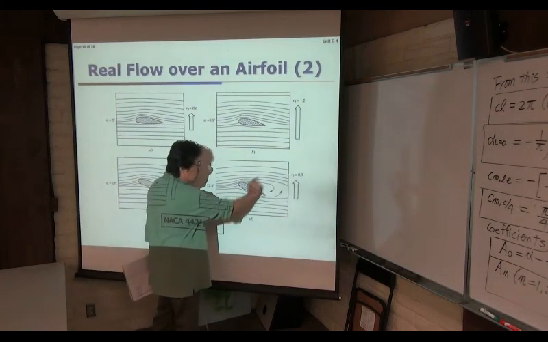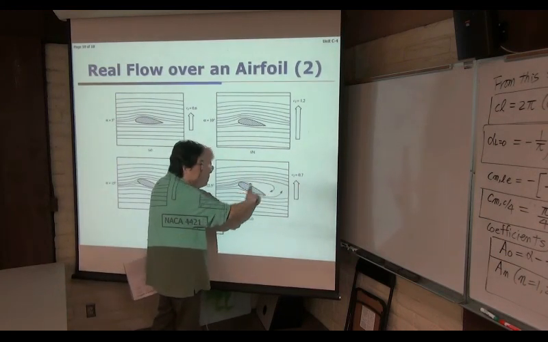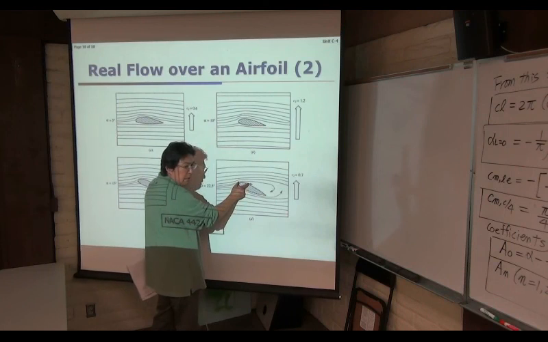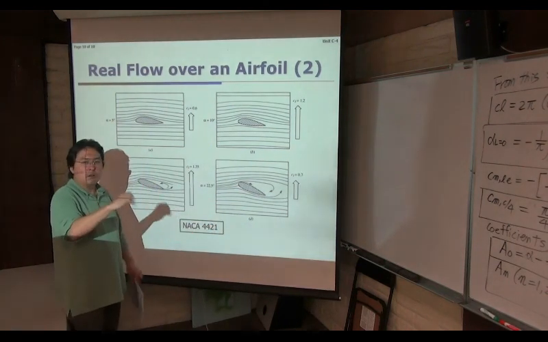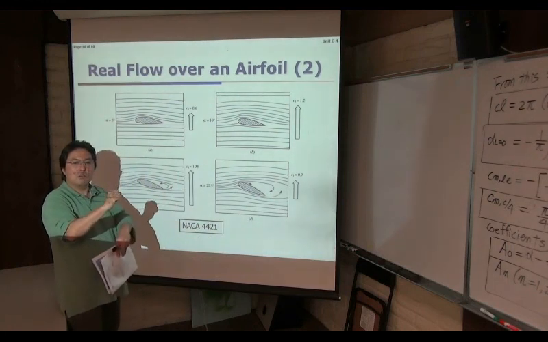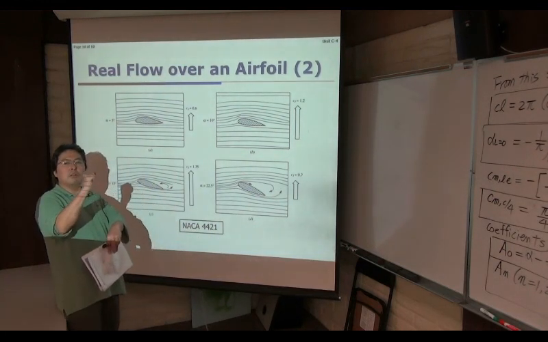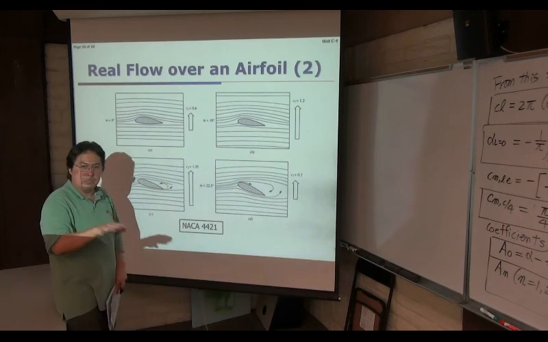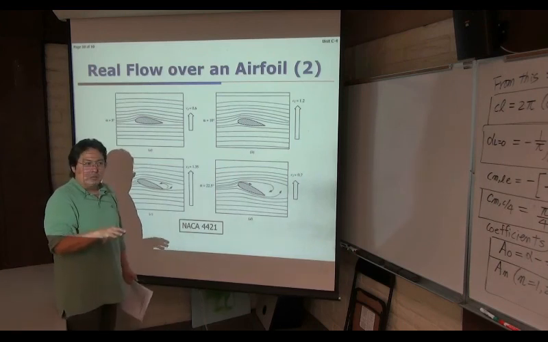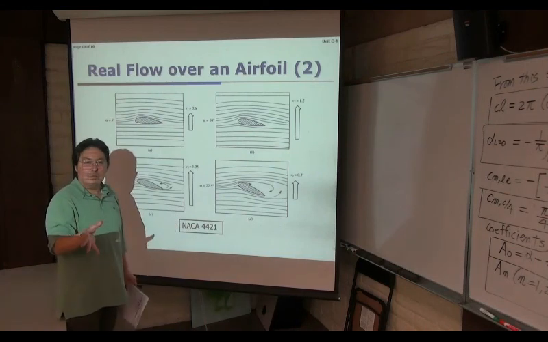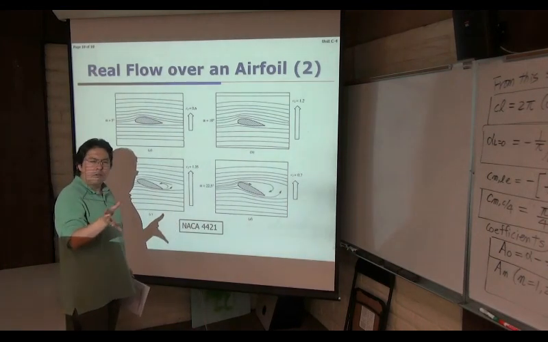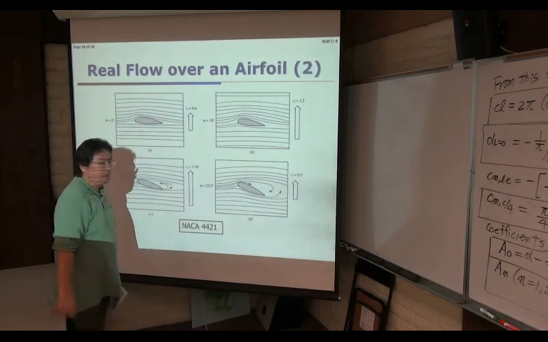You have a massively separated flow recirculation region here, but you still have some attachment. So the airplane shows the tendency of stall. Your airplane actually tells you, okay, I'm about ready to stall, I'm going to stall, I'm going to stall kind of tendency. So it's a very nice response in terms of control and the pilot's controllability. This is easier to fly here.